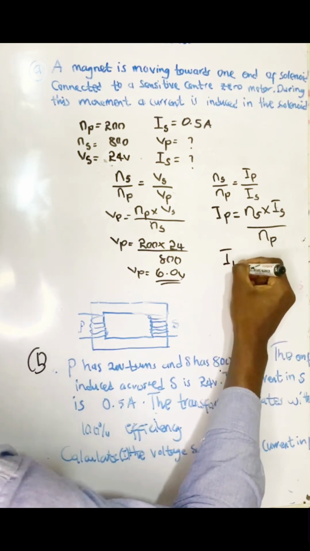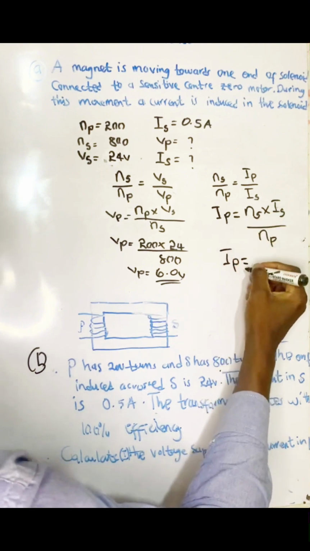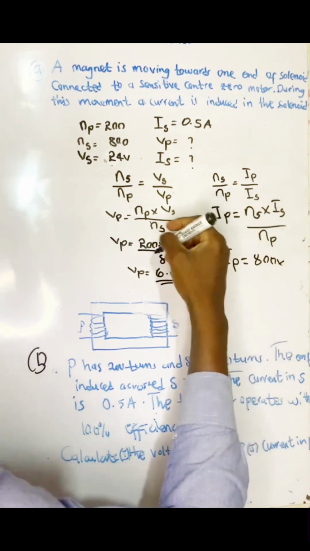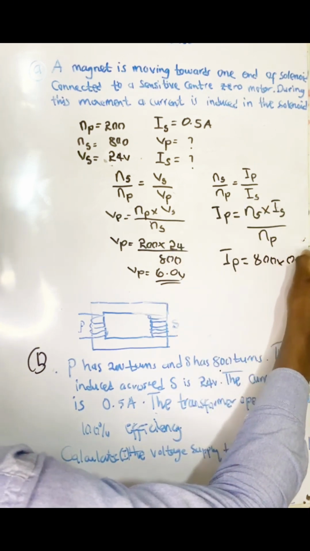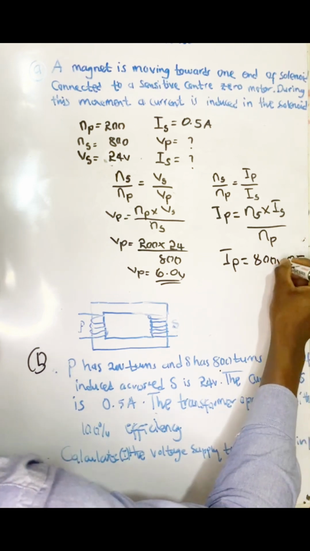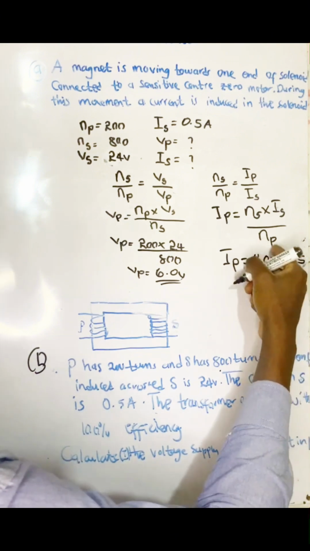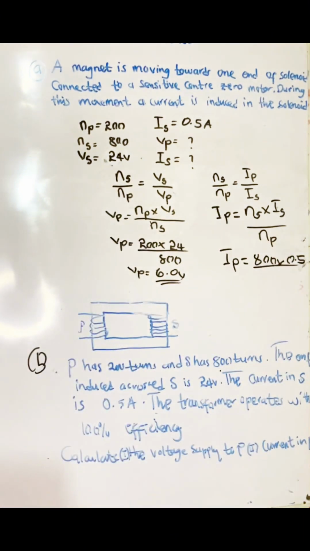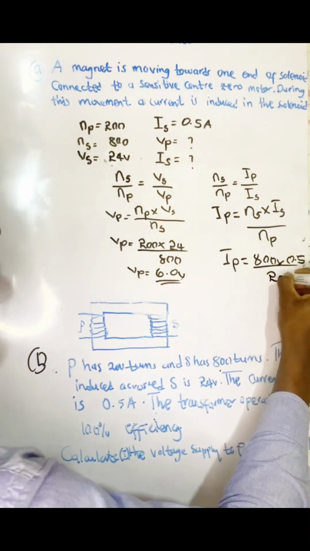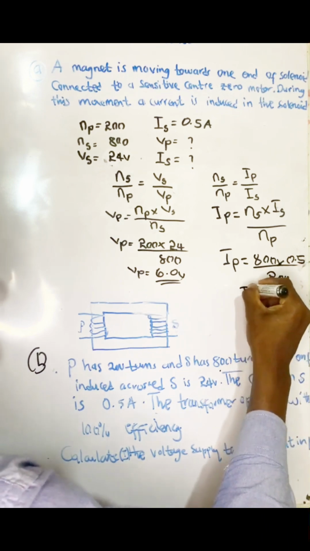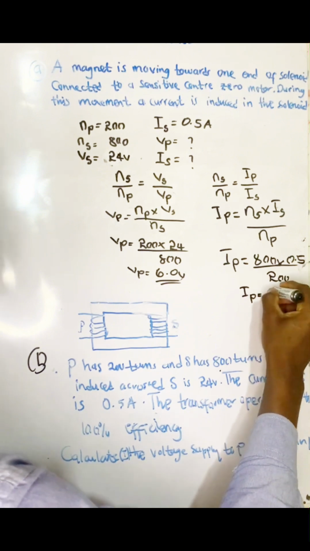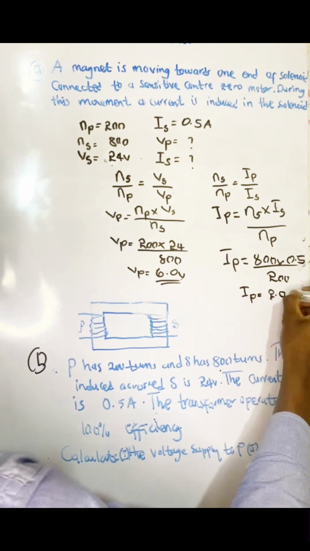So current on the primary coil is going to be NS. NS is 800. IS is 0.5 ampere. And then NP, that is the number of turns on the primary coil, is 200. So the current on the primary coil is going to give us 2.0 ampere.